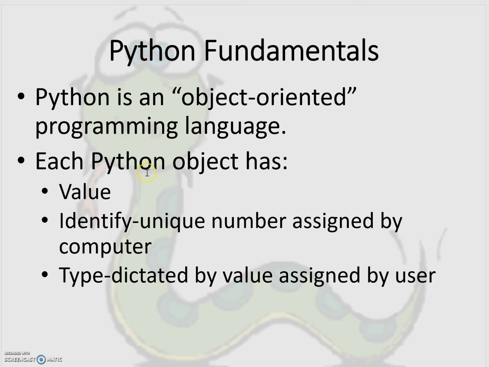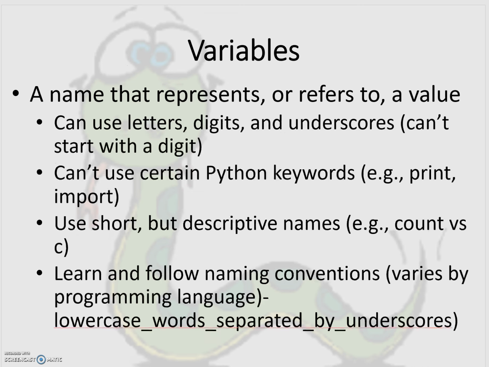So the Python fundamentals. Python is an object-oriented programming language. Each Python object has a value, an identity, a unique number assigned by the computer, and a type dictated by the value assigned by the user. So we will talk about variables and then some rules. A variable is a name that represents or refers to a value.